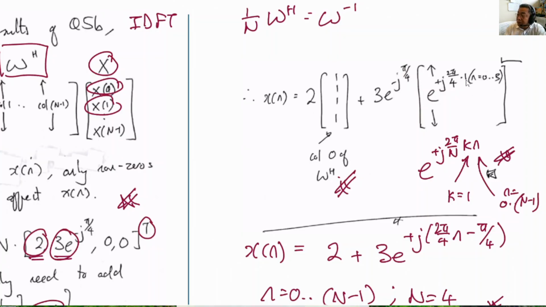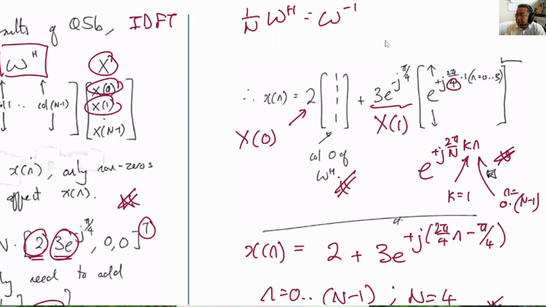So k is 1, n is 0 to N-1, capital N is 4. And that's why we know how to fill up this. This value is capital X1, 3e^(-jπ/4). This value is capital X0. So this is how we reconstruct small x[n].